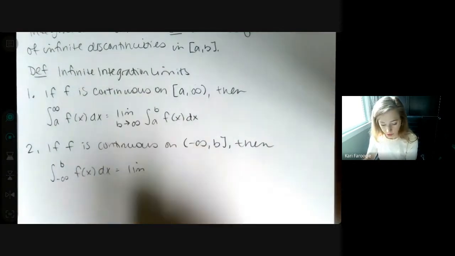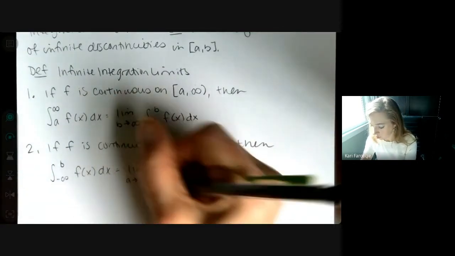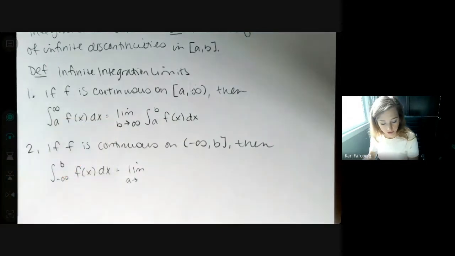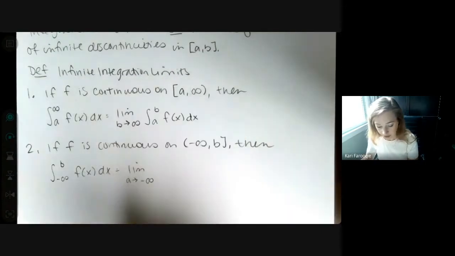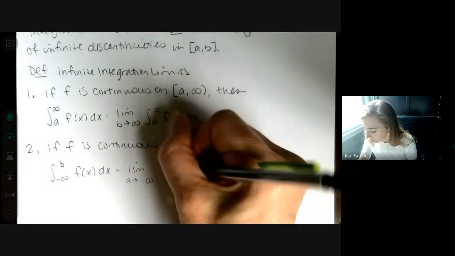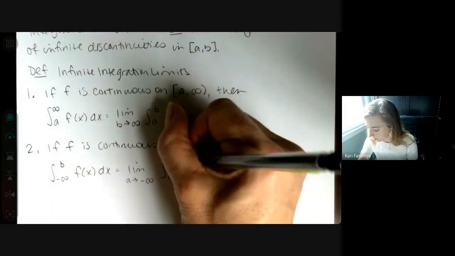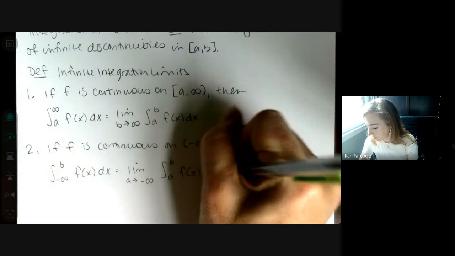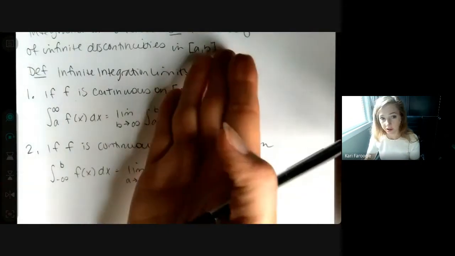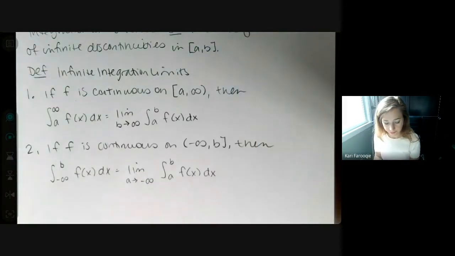And again, I'm just randomly picking a variable here. Honestly, I don't usually use a and b for my limits. Usually I'll use k, or you can use m if you want. But we're going to send a off to negative infinity, and then we replace negative infinity with a, and we'll go from a to b of f of x dx. I'm just using a and b because that's the way it was defined in this definition.